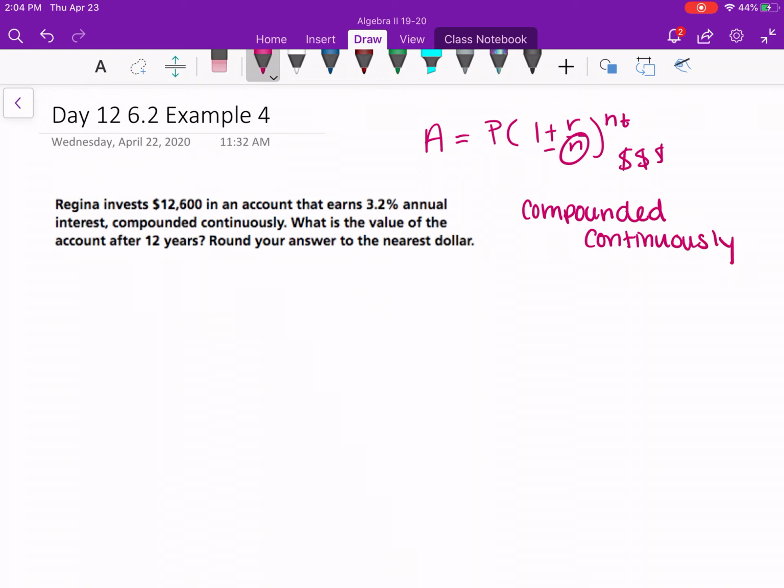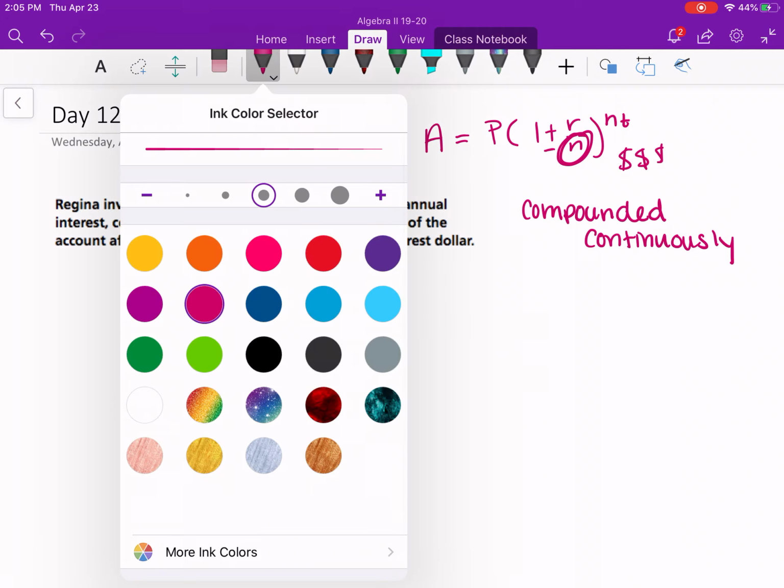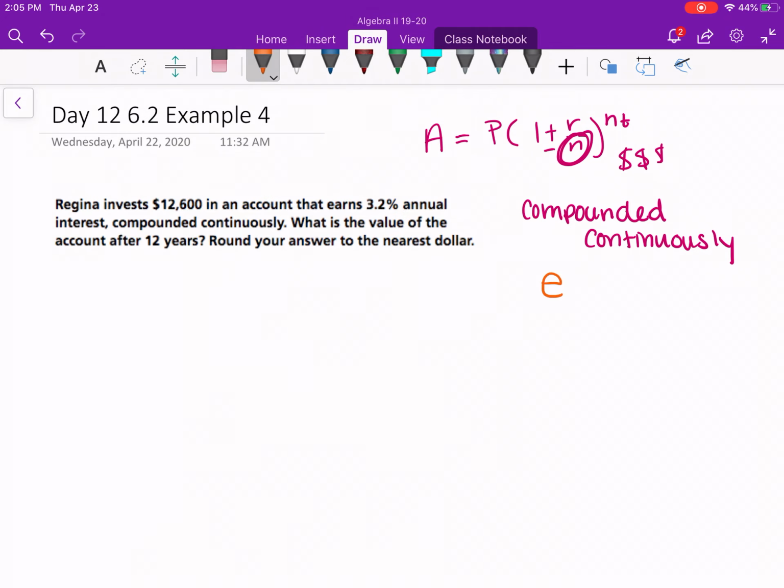Compounded continuously means that the interest is compounding at every single moment of the day. Every millisecond, the interest is compounding. So, in fact, we don't use an n term when we talk about compounded continuously. We actually need a mathematical letter E. Instead of using an n, because we as human beings can never write an n that big that represents that number, we use the E value, which is very similar to pi, okay?